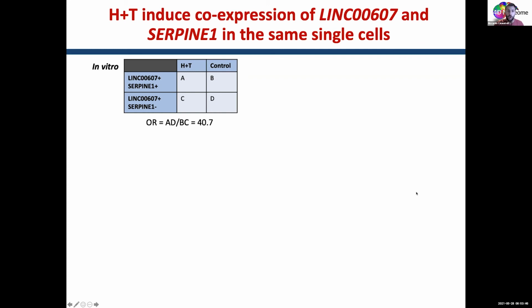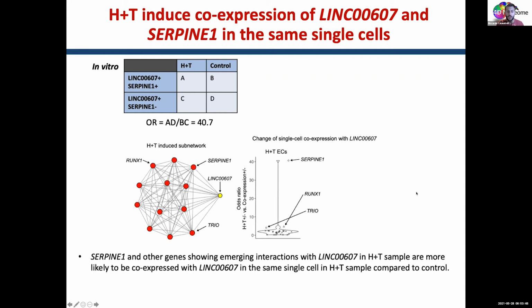But to go even further, we can test this not only for SERPINE1, but also for all the other genes that showed an established interaction with LINC00607 at day 7. What you see here is a subset of the network that I presented before, where we only take out the nodes that are interacting with LINC00607.